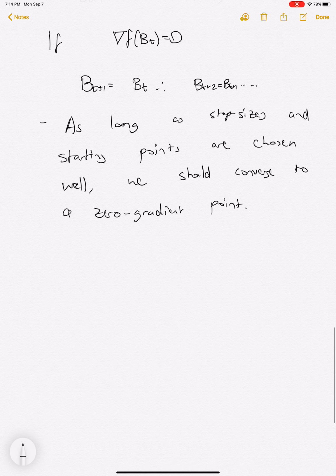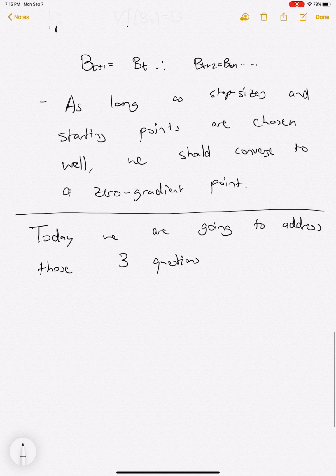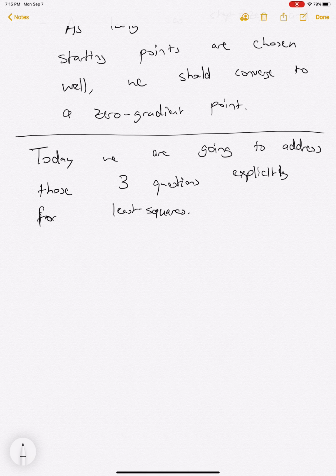But today we're going to address those questions explicitly for least squares, and the reason why I'm going to go into this analysis in a fair bit of depth, there's a couple of reasons.